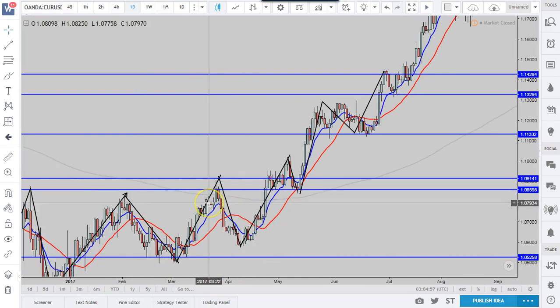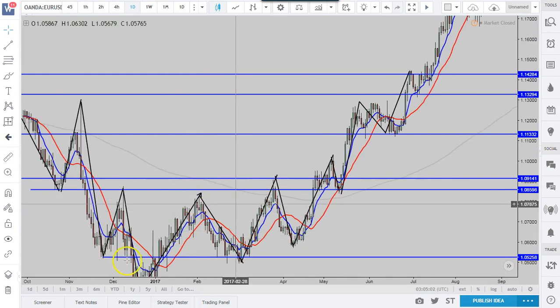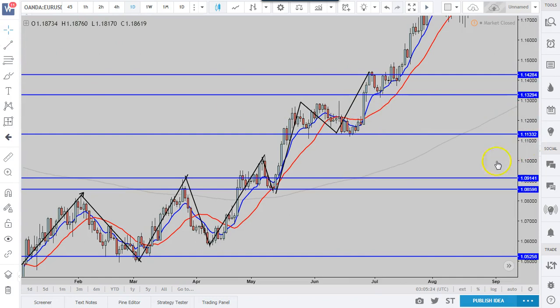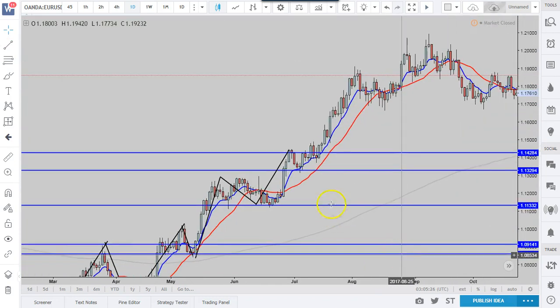We know that the trend has changed due to certain things that were present to us. We had the head and shoulder pattern, and then new highs. We had a high right here, a low, higher highs, higher lows, higher highs, higher lows.